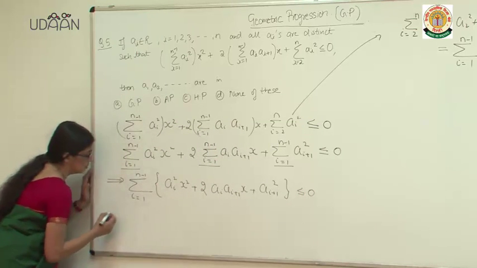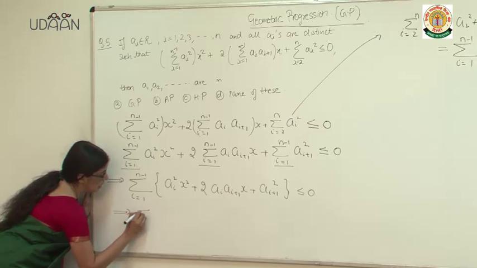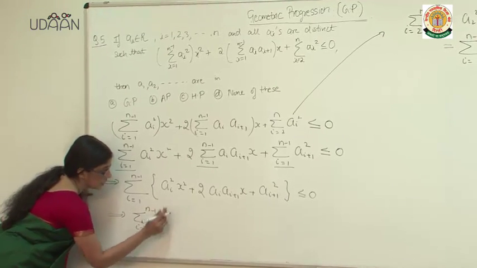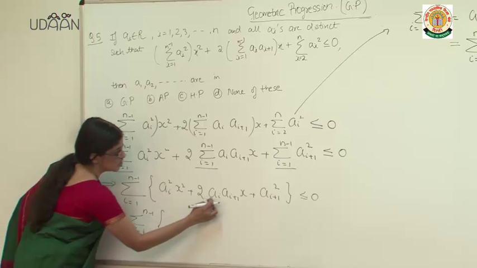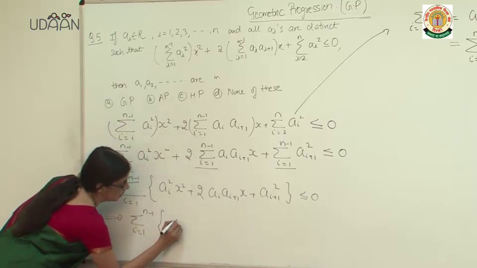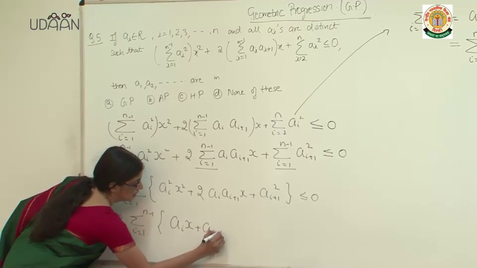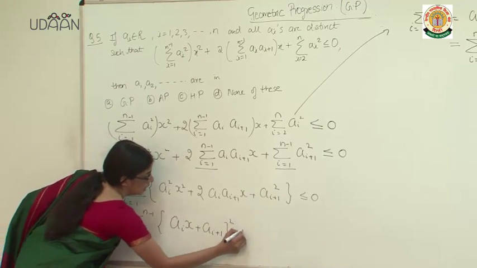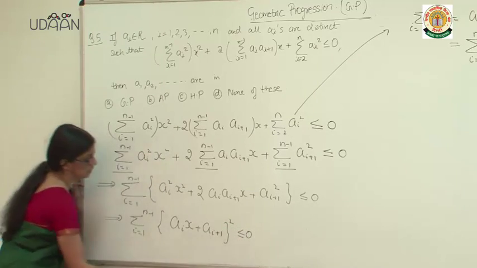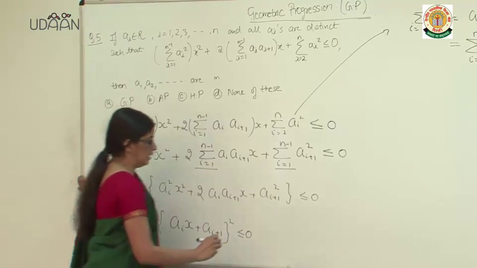Can you tell what's the term inside the bracket? Sigma i equal to 1 to n minus 1, a square plus twice of ab plus b square. It is ai x plus ai plus 1 the whole square less than or equal to 0. Let us do the calculations here.